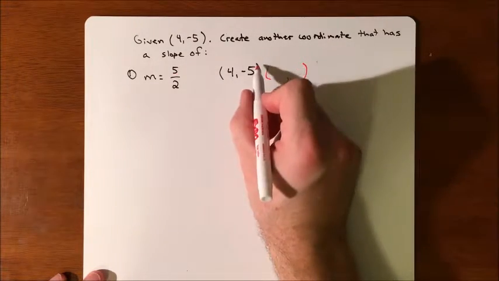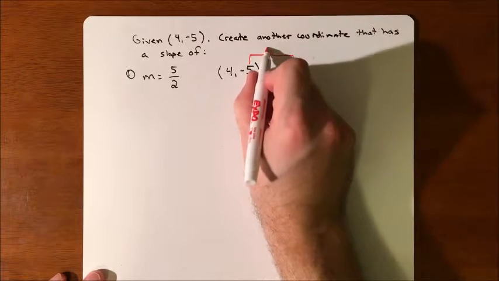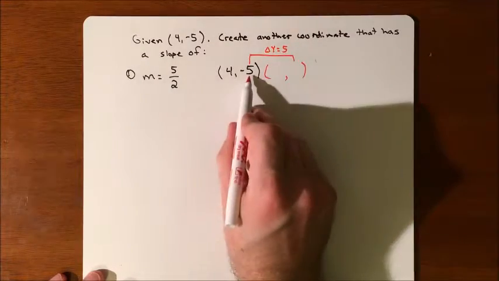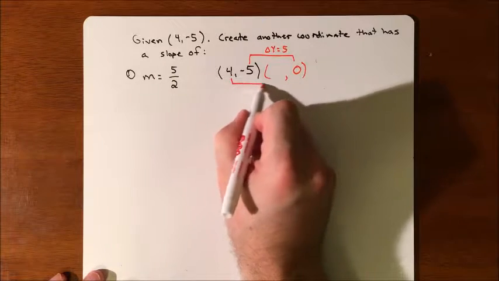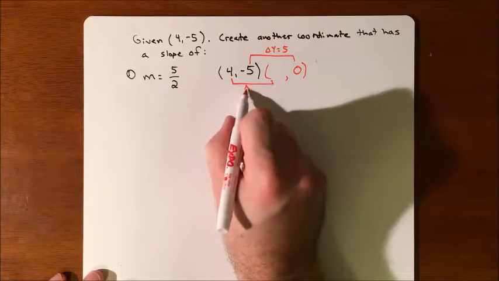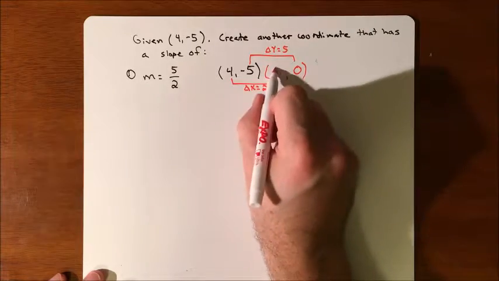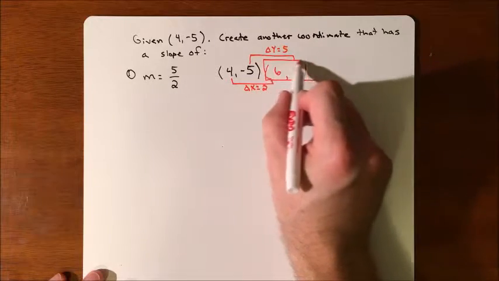So this is your change in your y values. So your y values should change by 5. Well, it's a positive 5, so we're going to go up 5. Gives us a 0. And then this, we need the change in our x's to be 2. So that's going to give us a 6. And that's it. That's our coordinate.